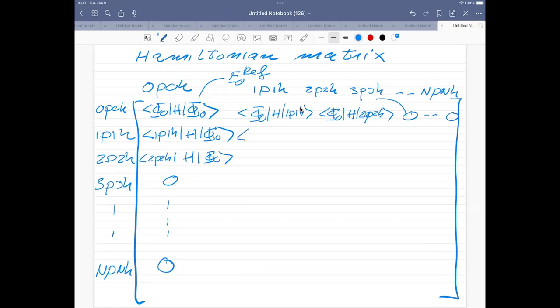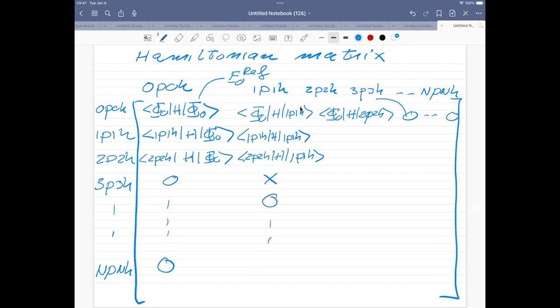In the middle here, we would have a 1 particle, 1 hole, H, 1 particle, 1 hole block. And here we would have a 2 particle, 2 hole, H, with a 1 particle, 1 hole block. And for the 1 particle, 1 hole case, we would have a matrix element with a 3 particle, 3 hole, which is possibly non-zero, since we have a 2-body operator only.